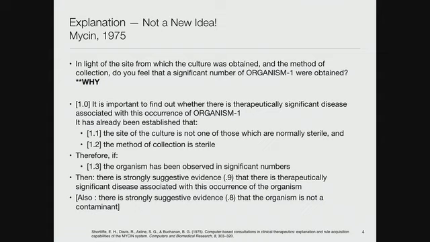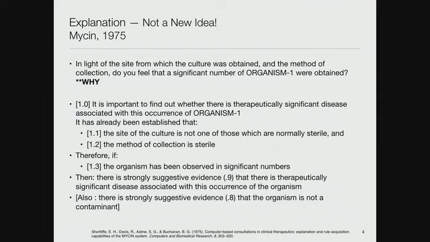And the user says, well, why are you asking me this question? And the answer, in terms of the rules that the system works by, is pretty good. It says it's important to find out whether there's therapeutically significant disease associated with this occurrence of organism 1. We've already established that the culture is not one of those that are normally sterile, and the method of collection is sterile.